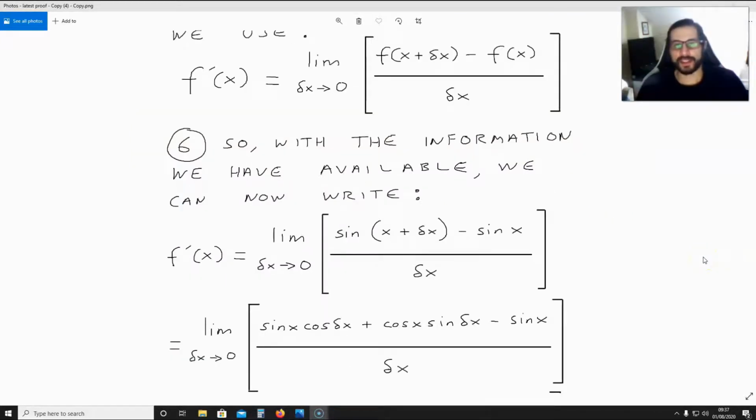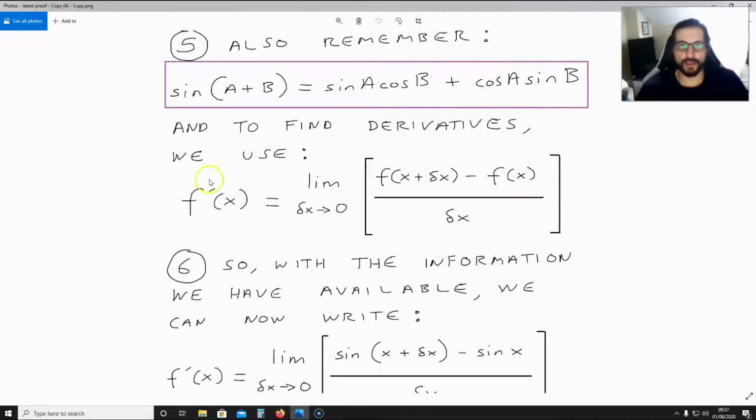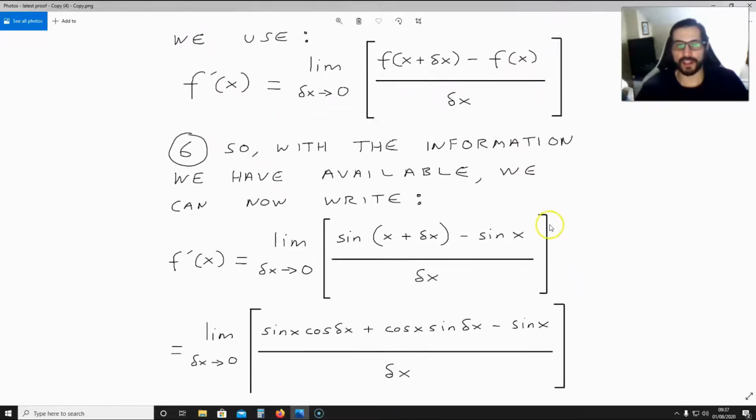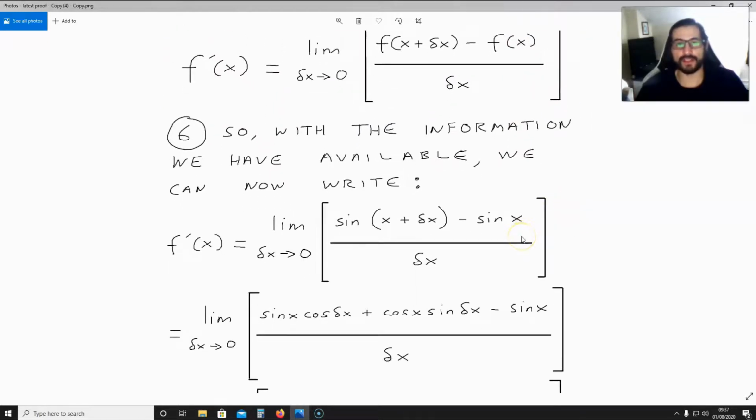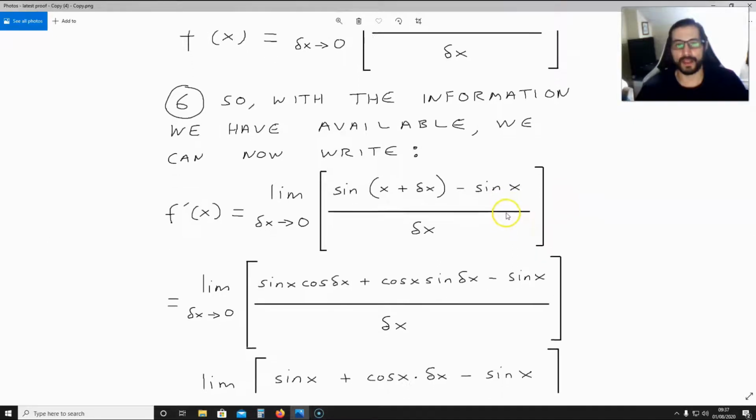Number 6. With the information we have available, we can now write this over here. That is because we've got this formula over here and we are searching for the derivative of sine x.